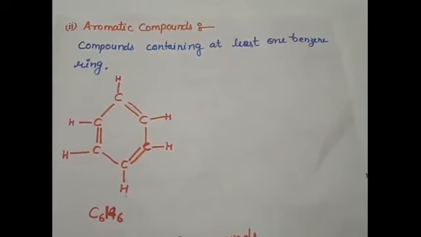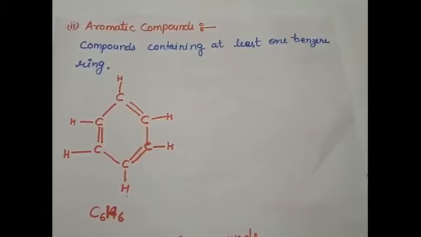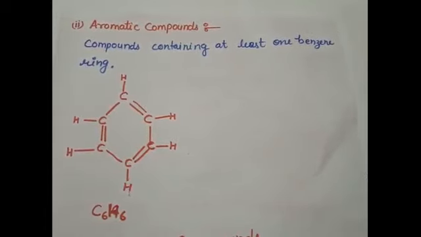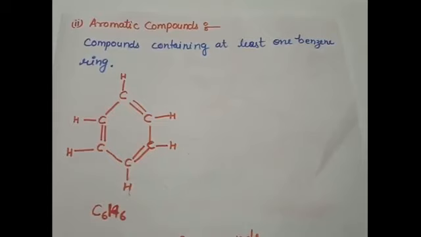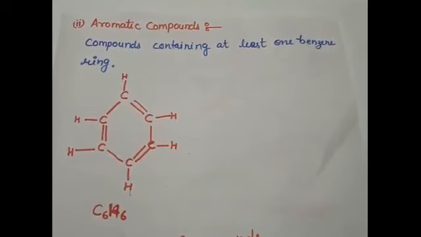Aromatic compounds. Aromatic means aroma. The word aromatic has come from the word aroma. Aroma means smell or fragrance. So these compounds have been named because of their property of having some particular kind of smell. That means each aromatic compound has its own smell by which it can be identified.